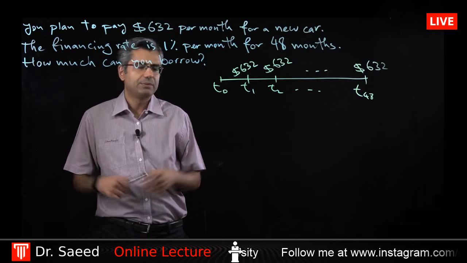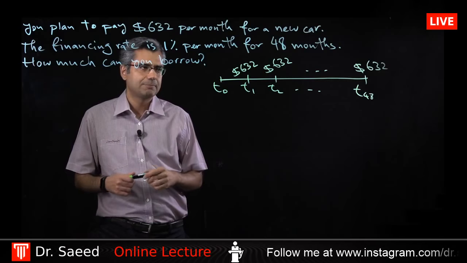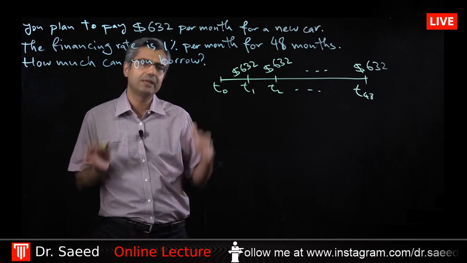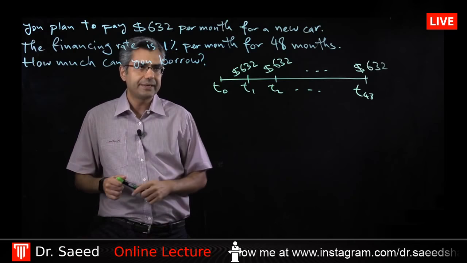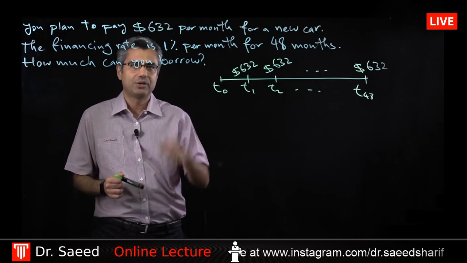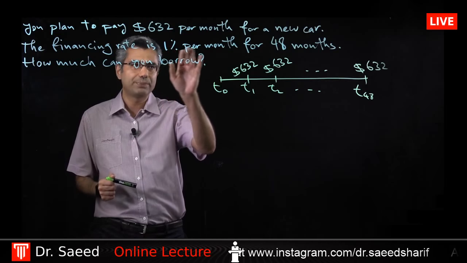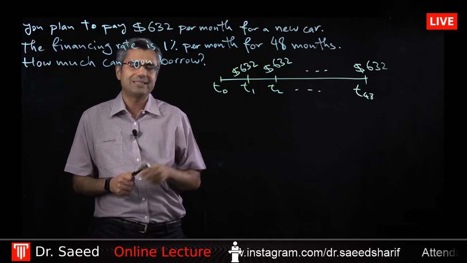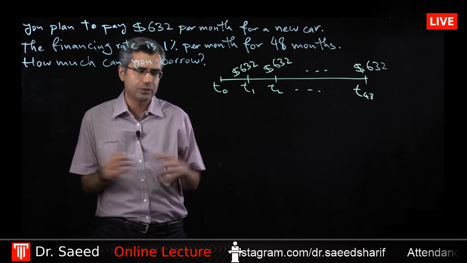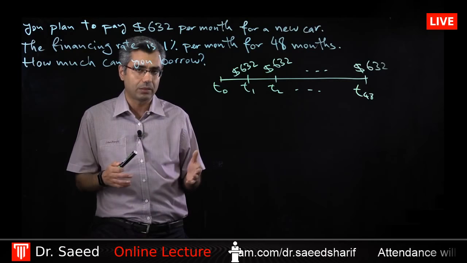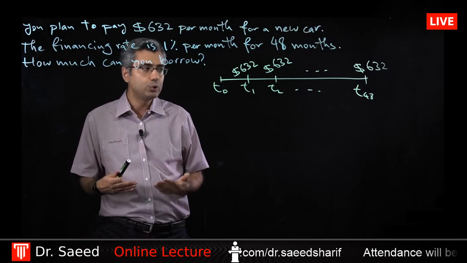Now, the first thing, always, when you want to answer the questions, is to identify the period. Here, as you can see, the period is not year anymore. The period is month because you will be charged 1% per month and it will be compounded. So the period is month. So any formula you want to use will be per month. Now, what formula can we use here?